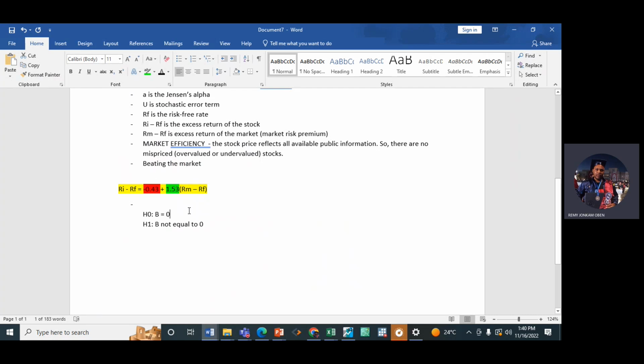In that case, now we need to check the mathematical value of this alpha. If it is positive, it means there is abnormal return, which means the stock is undervalued. If alpha is positive, undervalued. Confusing, right? I'll explain. But if alpha is negative, it means the stock is overvalued.